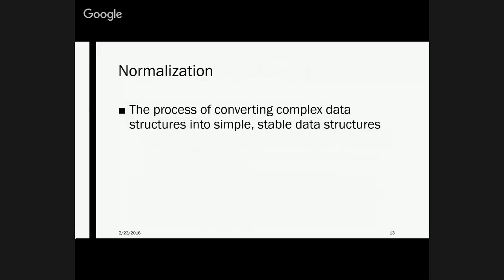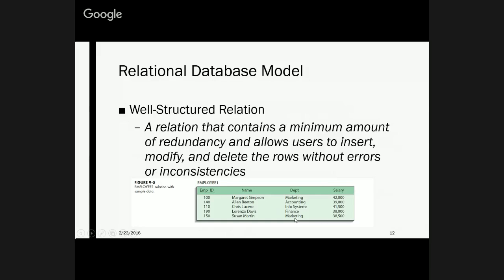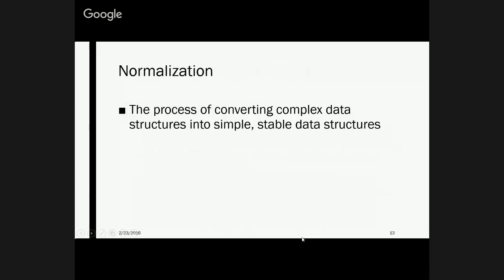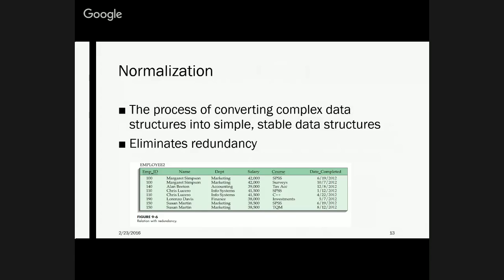It almost seems more complex, but the key is these stable data structures. This isn't that stable, because if we want to rename marketing, it's hard to accurately do that and ensure that it happens everywhere. A better, more normalized version of that would be more stable. Also, normalization will eliminate redundancy, which we already said.